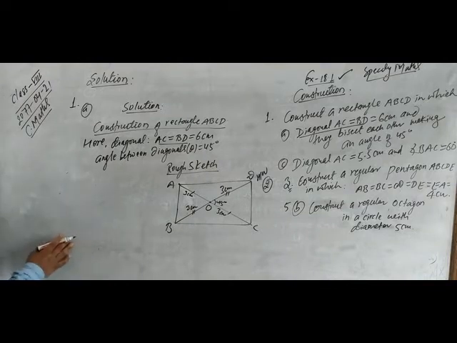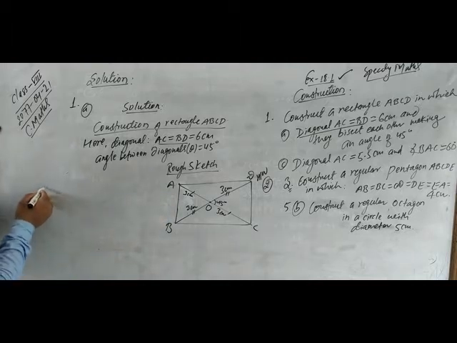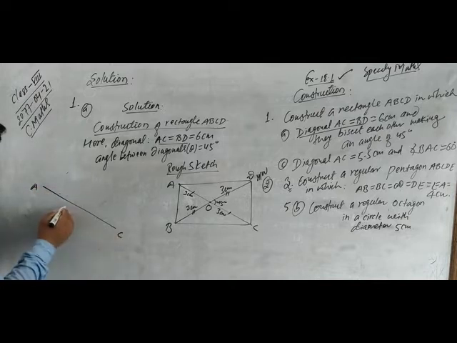With the help of pencil and scale, first of all draw AC, having length 6 cm. Then bisect this AC, dividing it into two parts, 3 cm, 3 cm.